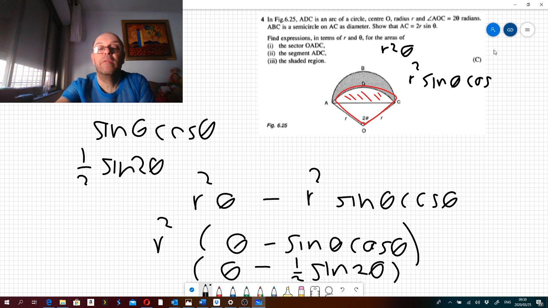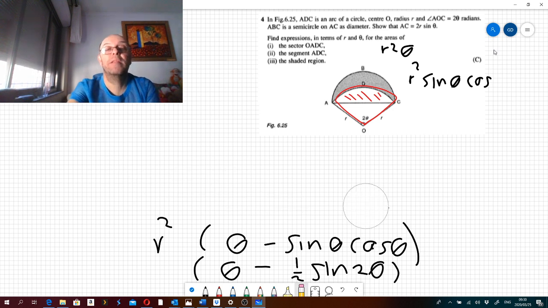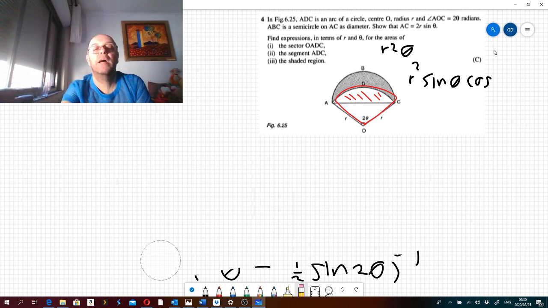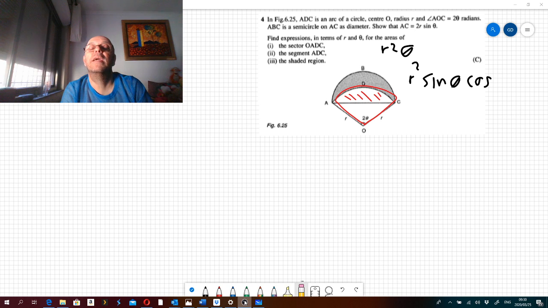Okay, so the last little bit of the question now asks for the area of the shaded region that they gave us. So not my shaded region, but the one that they actually gave us over there. Let's have a look and see what that is. There is a semicircle, and the semicircle's area would be a half pi r squared. Remember, pi r squared is the area of a circle, so a semicircle will be half pi r squared.